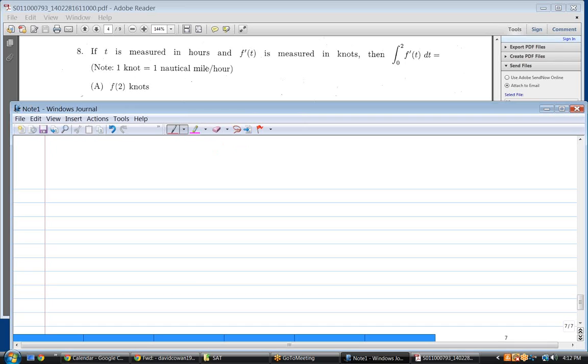Okay, I guess that's the same as saying t is measured in hours and f prime of t is measured in velocity, miles per hour. Then the integral equals what?